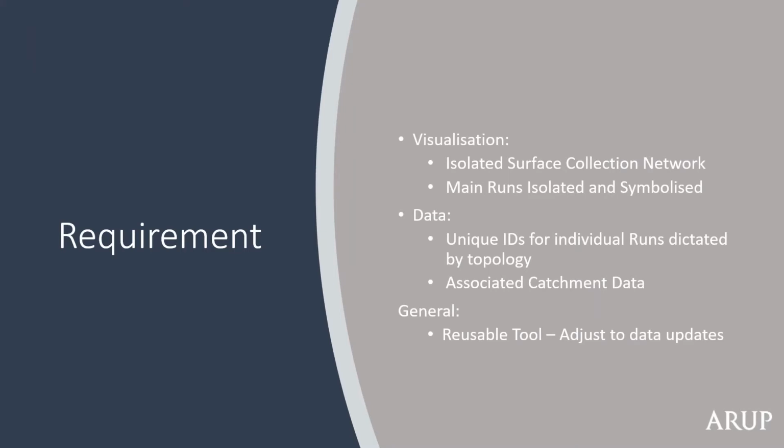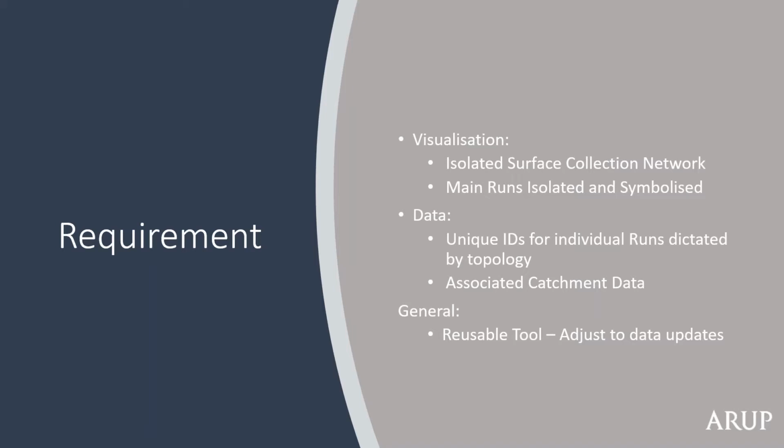In order to do that, they needed to have the data visualized so that they could isolate the surface collection network, and have the main runs isolated and symbolized so that they could find out where those runs were when they needed to connect the ponds up. And then, based on future processes, they wanted to comply with BIM protocols. So they needed every single run within the network to have a unique ID.